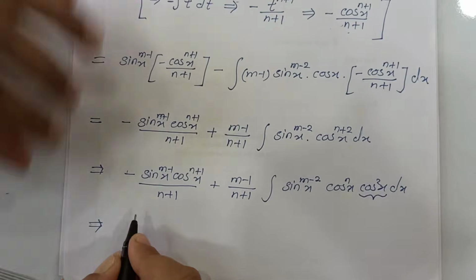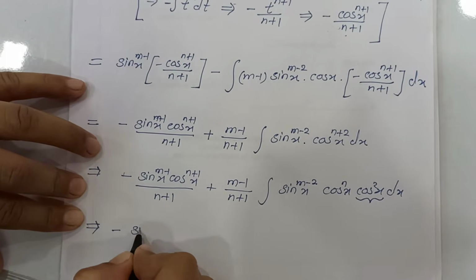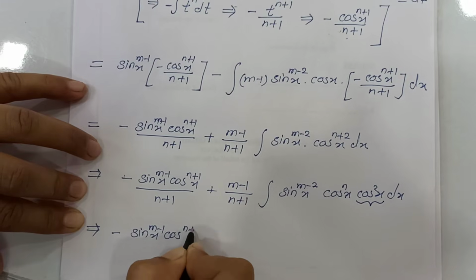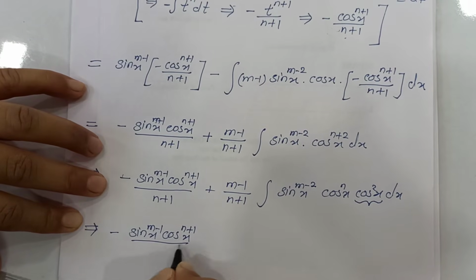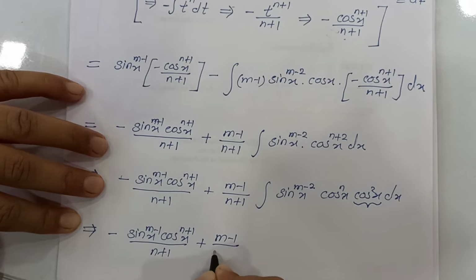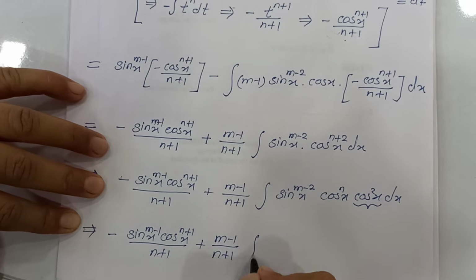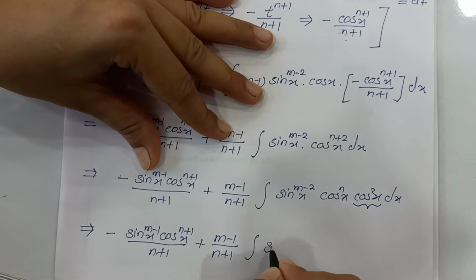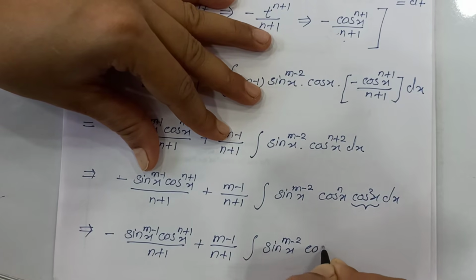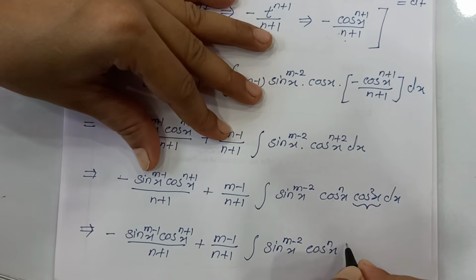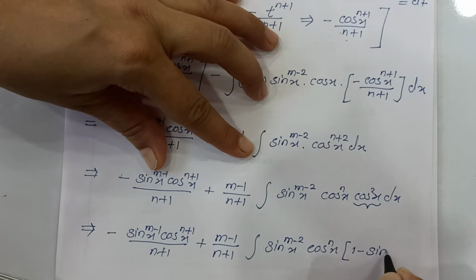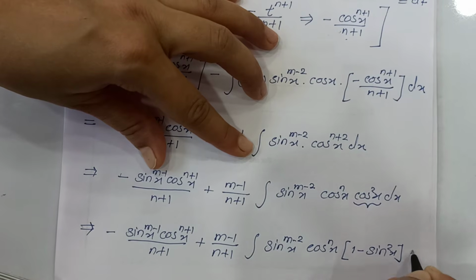So this will imply the first term as it is, second term is this integration sin raised to m minus 2 x cos raised to n x, and replace cos square by 1 minus sin square x dx.